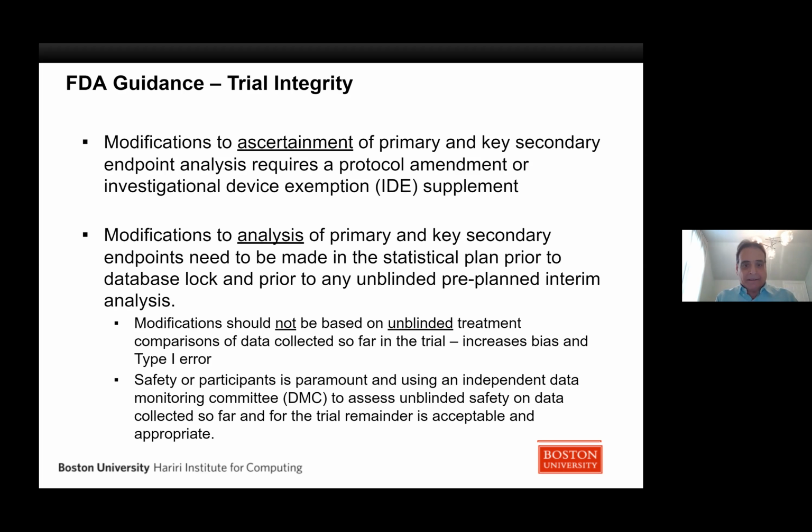Modifications to the analysis of these endpoints will need to be made in the statistical plan prior to the database lock and any unblinded pre-planned interim analysis.